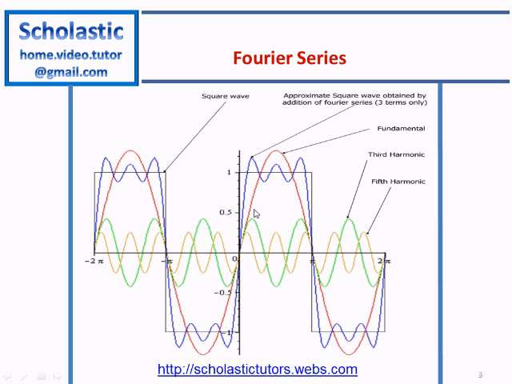The second harmonic is going to be 0 here, and the third harmonic is the one given in green color, and as well you can find the fifth harmonic, which is given in this orange color. So when you add the first harmonic or the fundamental, the third and the fifth, you get this blue color one. So basically what you got here is a signal which is closer to the original square waveform.